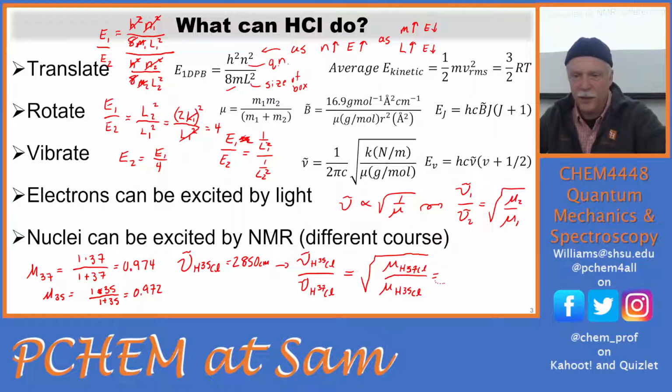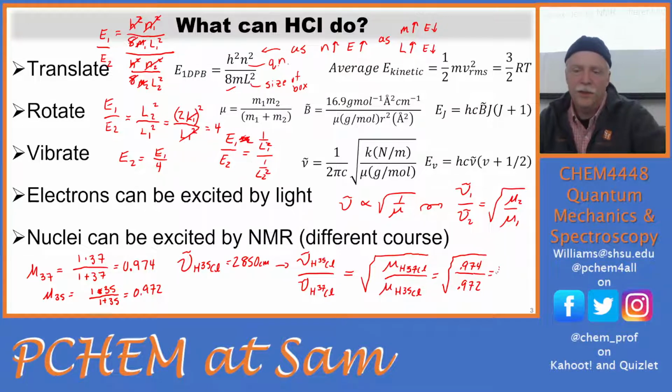So let's put these in their correct places. We have the square root of 0.974 over 0.972. So take that ratio and take the square root for me.